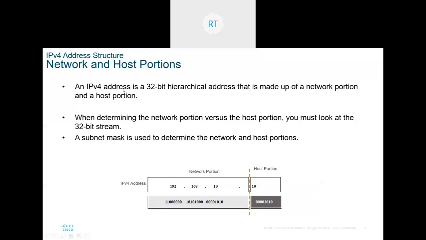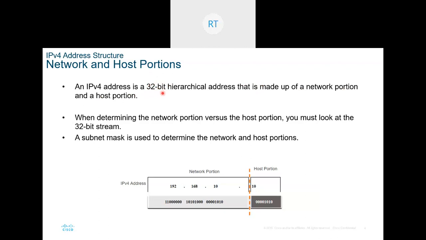An IP version 4 address is a 32-bit hierarchical address that is made up of a network portion and a host portion. There are some things you need to take note of. 32-bit, so there are 32 bits. You know what a bit is?